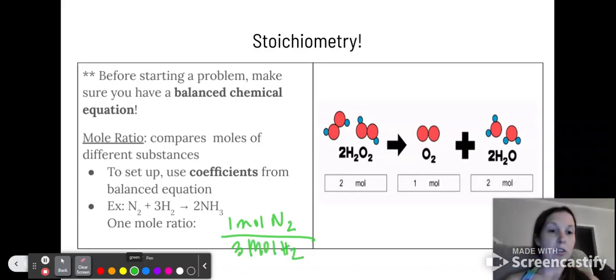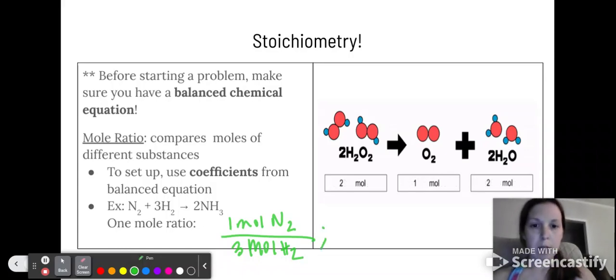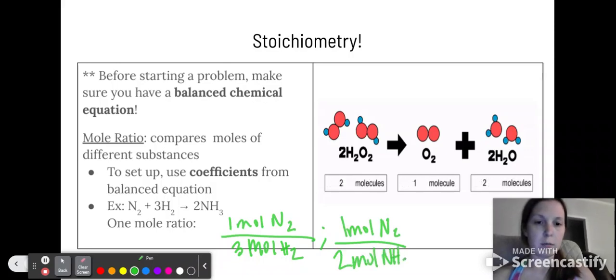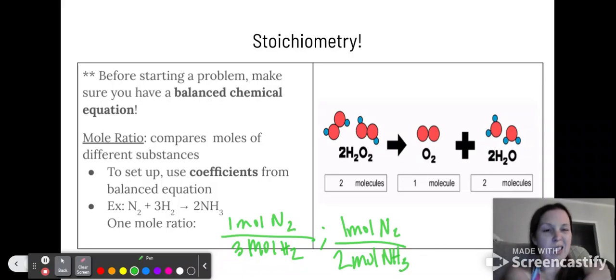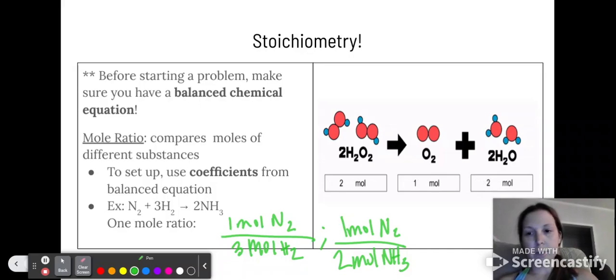You can write a mole ratio for every reactant or product in the equation. Another one: for every 1 mole of N2, you will be able to form 2 moles of NH3. Just look at those as a comparison. It doesn't have to be just reactants or just products. It can be a little bit of each.